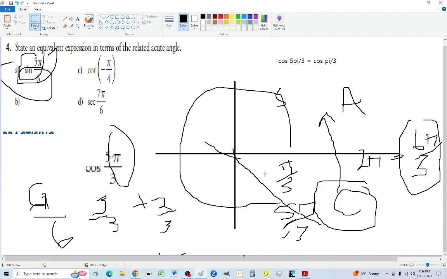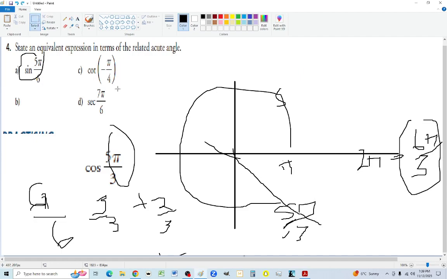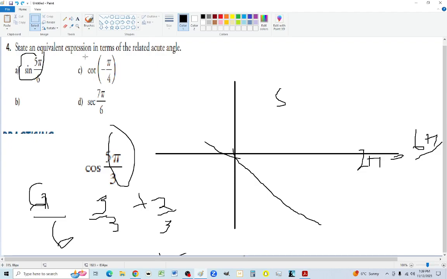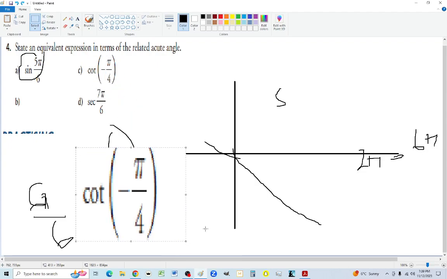Now this one here, pi over 4. Going backwards, negative pi over 4 is the same as this way.